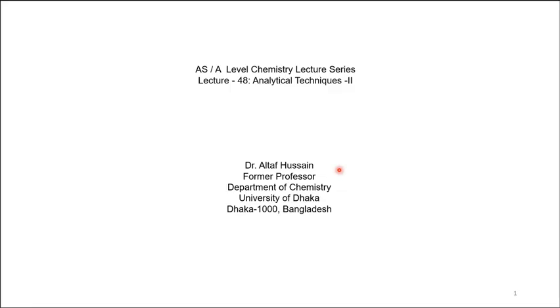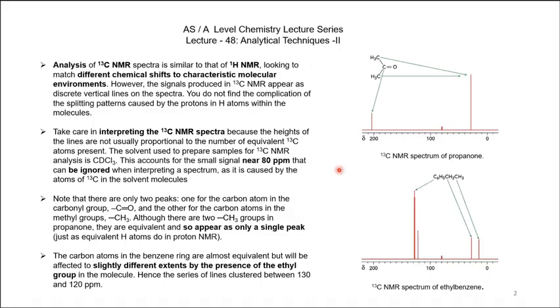This is the 48th lecture of AS and A-level chemistry, and we are talking about analytical techniques. In the last lecture, we talked about proton NMR and carbon-13 NMR, and we also mentioned how to interpret the NMR spectrum.